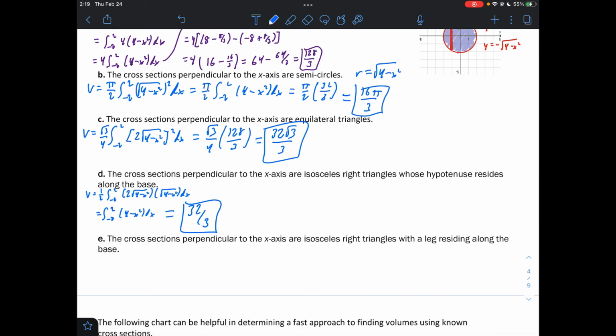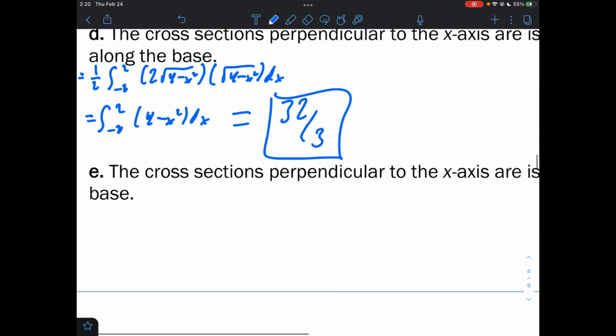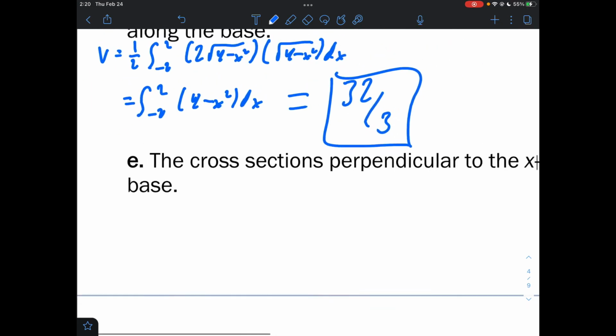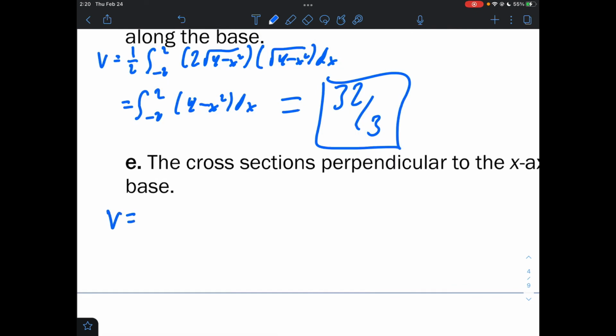And last one, cross sections perpendicular to the x-axis are isosceles right triangles with a leg residing in the base. So the leg is the base, and the leg is also the height. So basically, our volume here is going to be 1/2 times the integral from -2 to 2 of base times height, and the base and the height are going to be the same s that we found earlier.